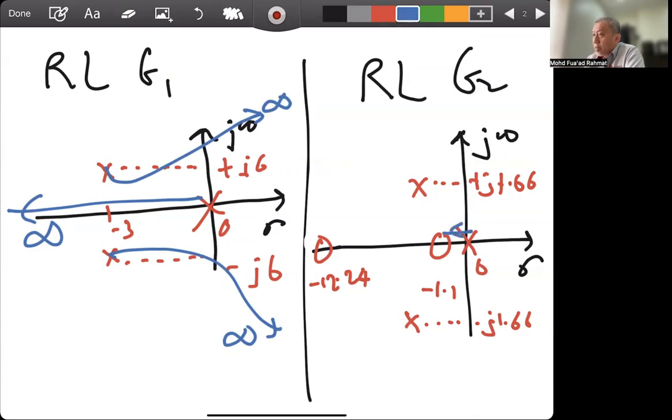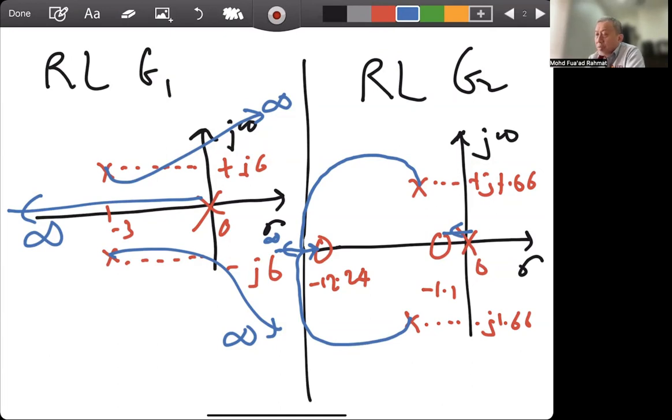And then we have something like this, goes down here, and something like this go out here, ended at infinity. The sketch of the root locus.